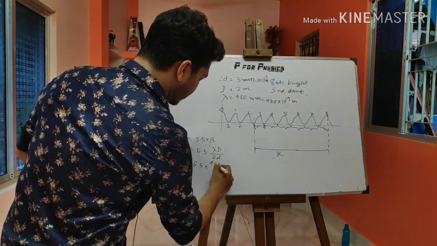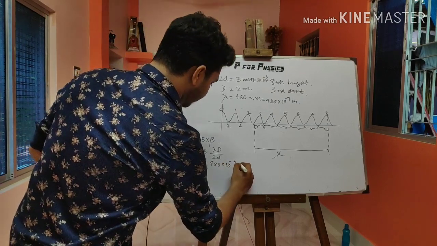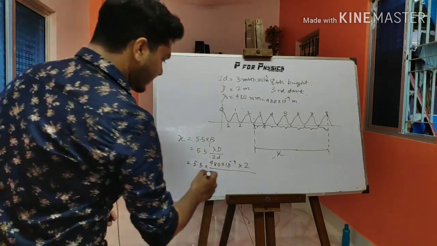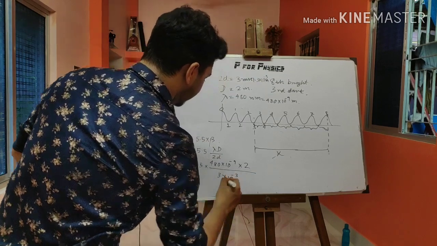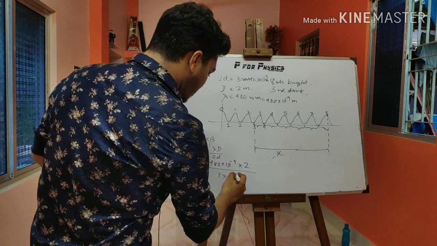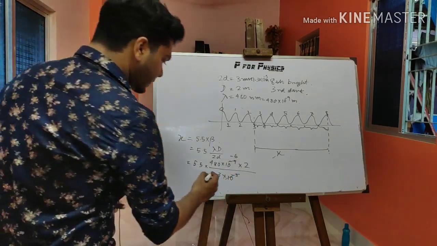So 480 into 10 to the power minus 9 into 2 divided by 2d, that is 3 into 10 to the power minus 3. Now let's do the calculation.